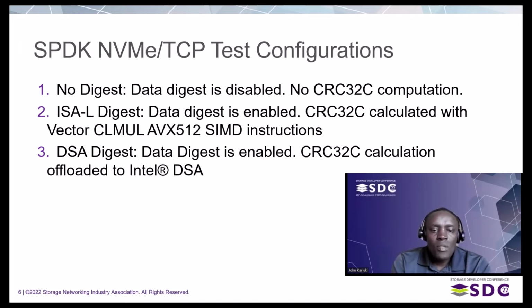We also measured the CPU utilization, and we calculated the IOPS per core so that we can show the CPU efficiency of each of these test configurations. And to do that, basically we're going to be comparing the performance in IOPS and the efficiency in IOPS per core of these three different test configurations.